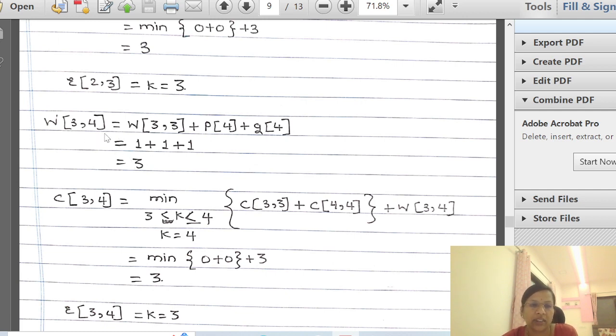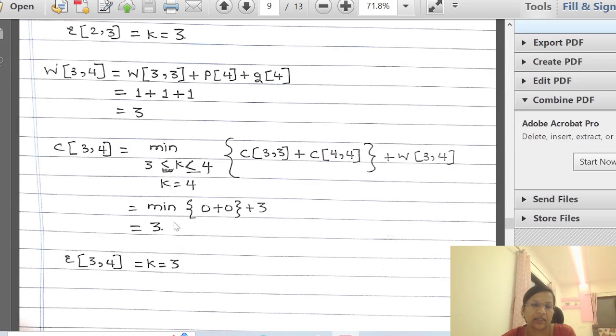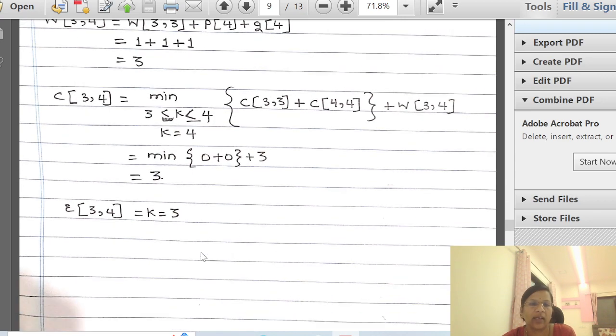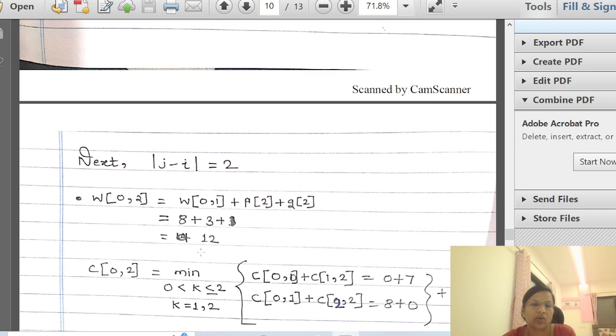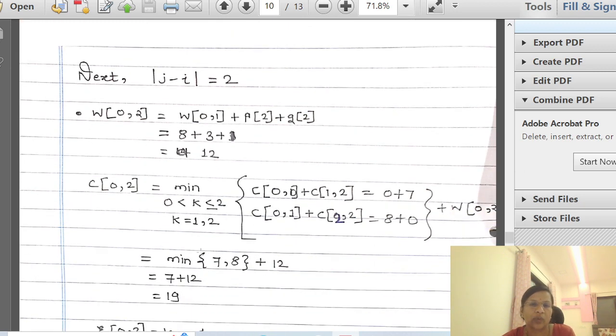So again substitute these values of i and j in the given formula, calculate cost, and see for which value of k we are getting minimum cost, so that is 3. So we have to assign that value of k to r of 3, 4. This is how we have done step number 2, where we have taken all pairs of i, j where the absolute difference was 1.